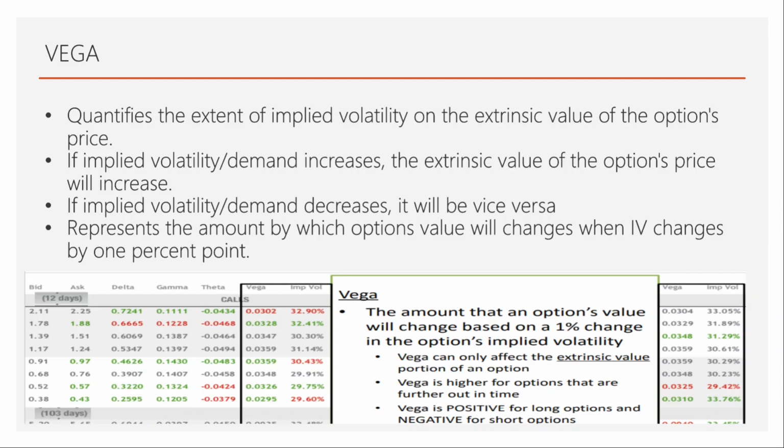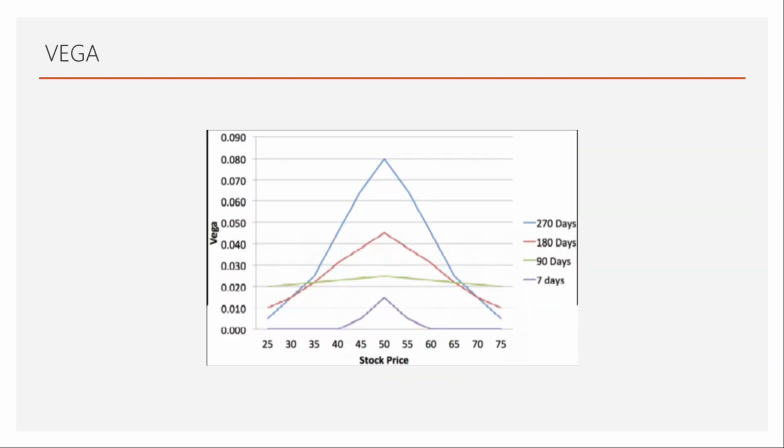So that's what this explains. And here is a pictorial representation. The impact of Vega will be lesser for 7 days. For longer duration, the impact of Vega will be pretty more. For 270 days, that is the blue color line, the impact of Vega will be pretty high. Right?